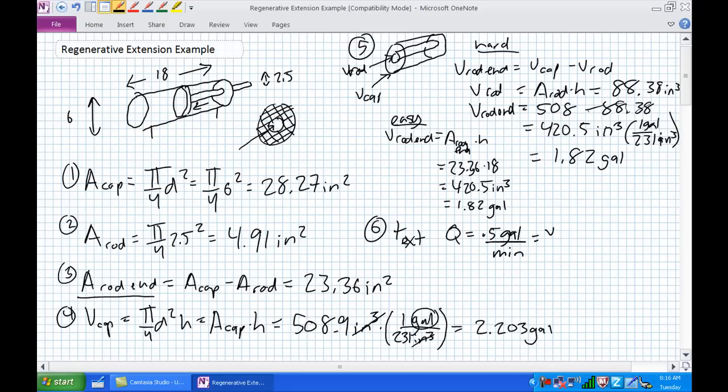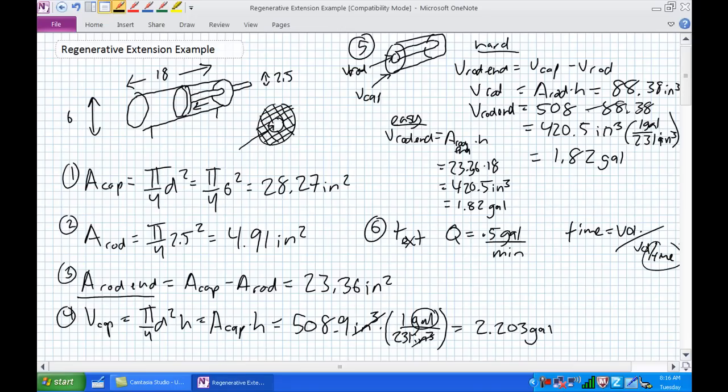If you think about that, that is volume divided by time. If we want to figure out time, and we've got a unit of volume, i.e. the volume of the cap end, how do we get time using flow rate? Well, if flow rate is volume per time, all we do is divide by our flow rate, Q, because that is volume divided by time.